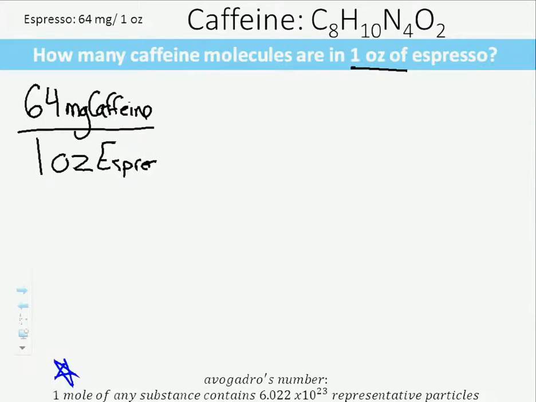We know we've got 64 milligrams in 1 ounce of espresso, so we don't need to change the denominator. The denominator's fine. It's the numerator that's going to be changed. So like I said, we can't go straight to molecules, so we must go through moles. So from the previous slide, what did we have to do? How did we get to moles? That's right. First off, we converted from milligrams to grams.